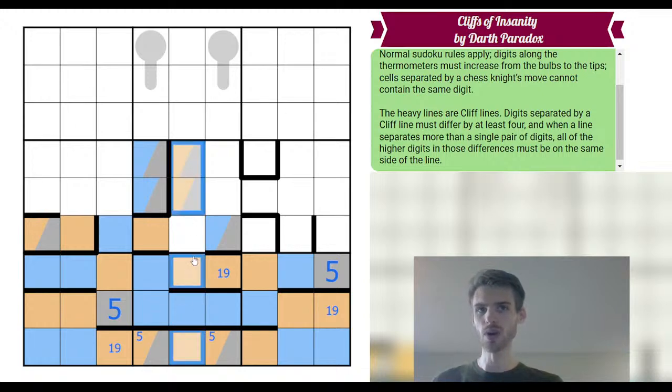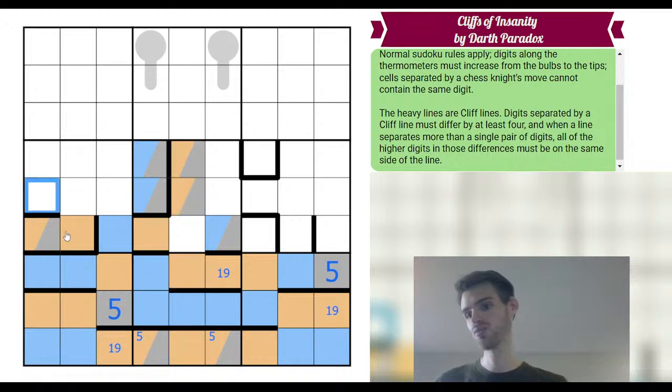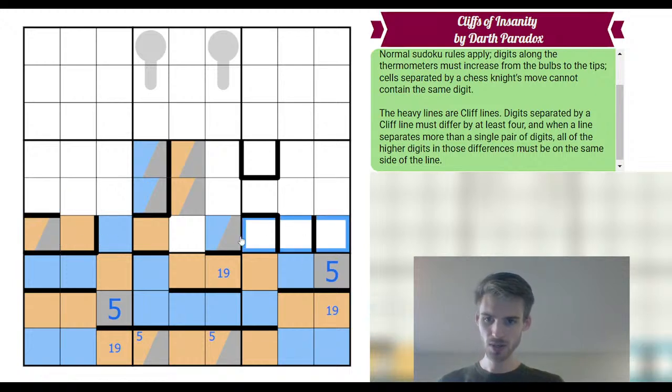That's only 4. Getting close, but not quite. This one is... it could be 5, couldn't it? Let's look at 5 in this row, maybe. 5 can't go in those two. 5 can't go here or there or there.